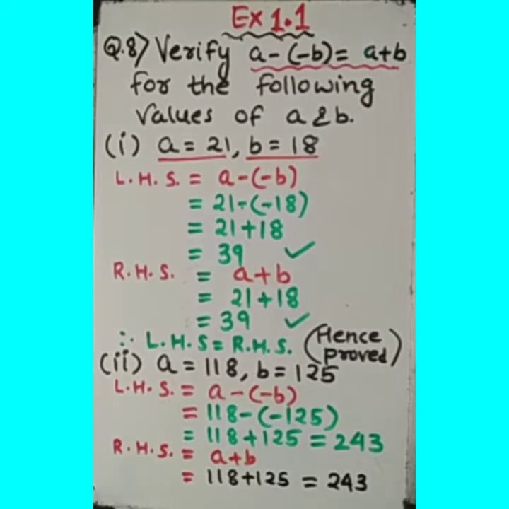You can see here in both the answers, LHS and RHS both are similar. That's why we need to mention LHS equal to RHS. Hence proved. I hope it's clear to you.